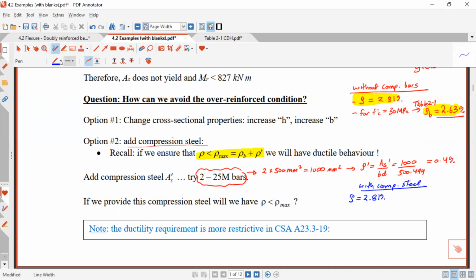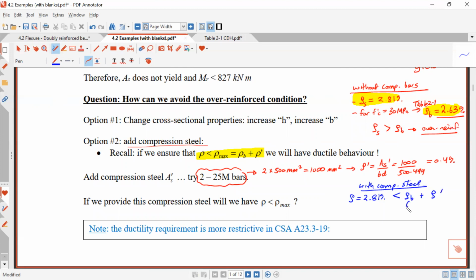In the first situation, rho s is larger than rho balance, so this is over-reinforced. In this situation, we have rho, which is still 2.81%, but it's now smaller than rho balance plus rho prime.